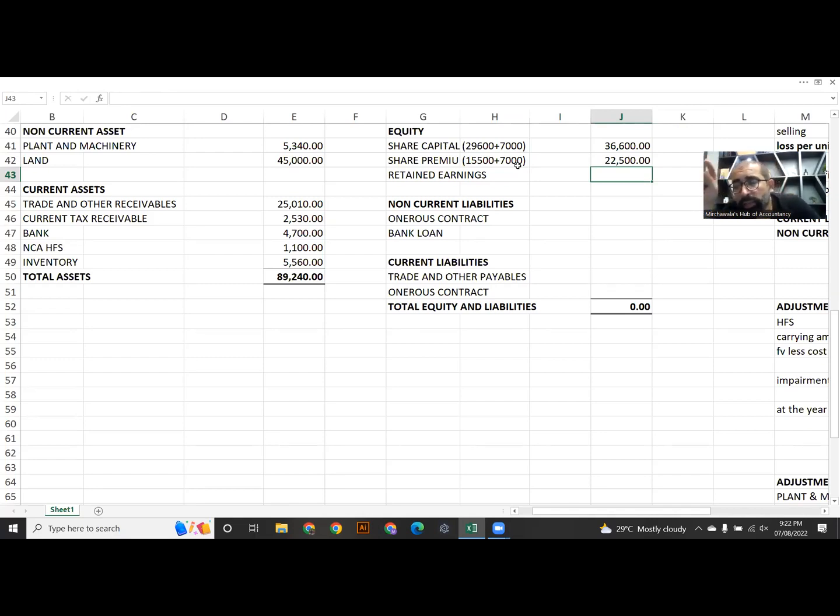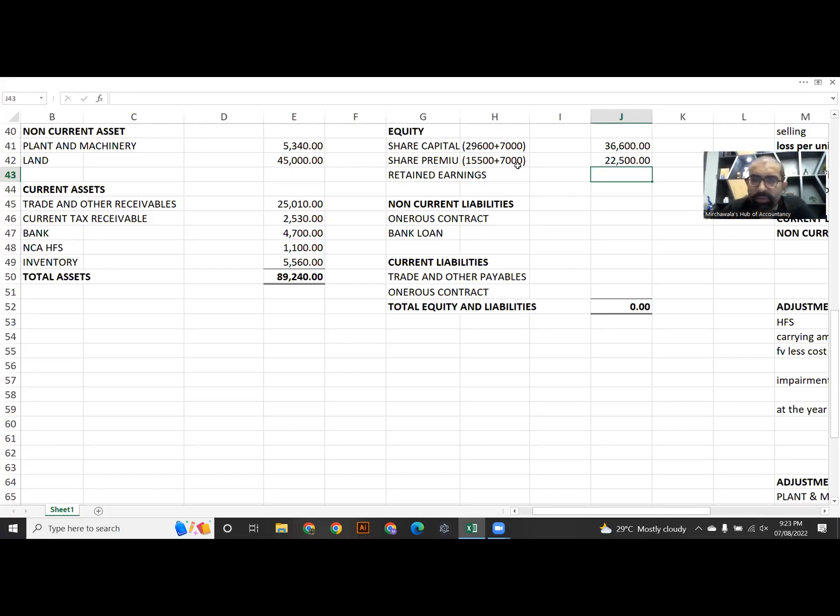Now, hope you remember, retained earning is the easiest thing. In the trial balance, you are always given opening retained earning, and normally we add profit to opening retained earning. But in this question, you don't have profit, you have loss. So how much is the opening retained earning?